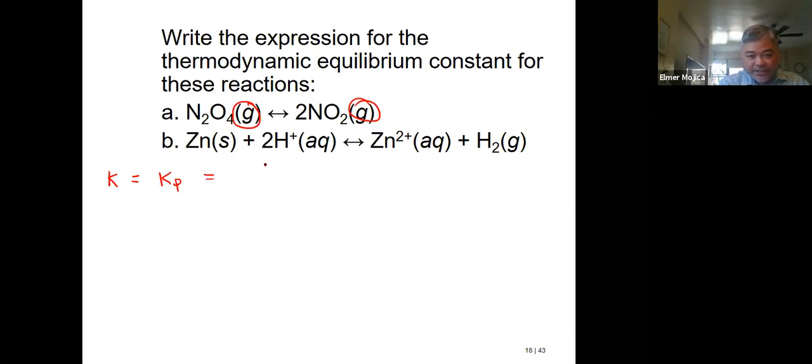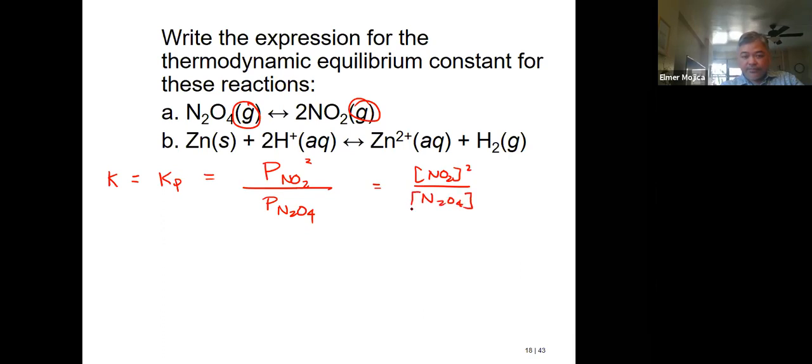So you're going to write it as partial pressure of NO2 squared over partial pressure of N2O4. You're not going to write it in terms of concentrations. So this is what we call the thermodynamic equilibrium constant, not only an equilibrium constant. There's a thing there, thermodynamic equilibrium. So that's not what you're going to do.